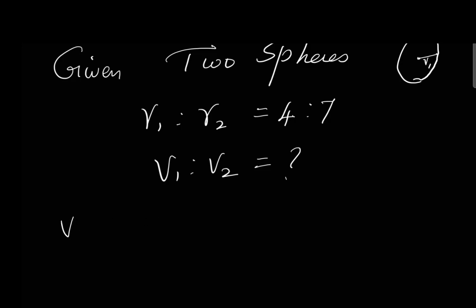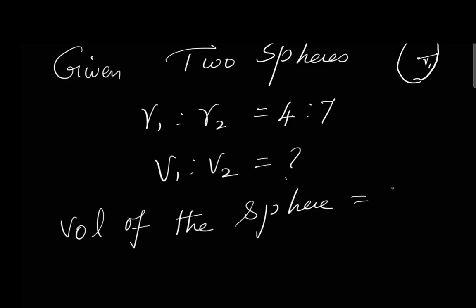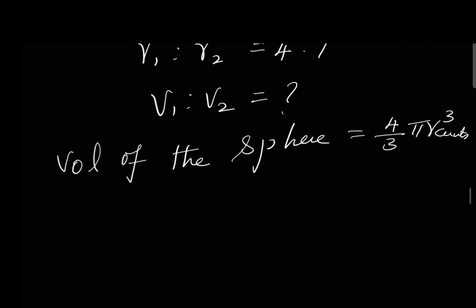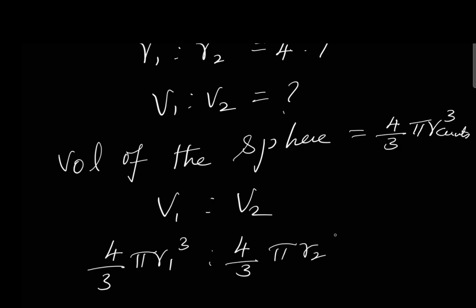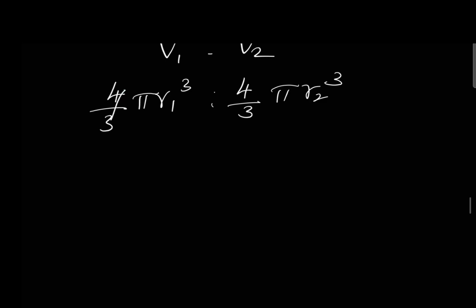What is the formula of the volume of the sphere? Formula is 4 by 3 pi r cube cubic units. So V1 is 4 by 3 pi R1 cube is to 4 by 3 pi R2 cube. 4 by 3 cancel, pi cancel. So R1 cube is to R2 cube.